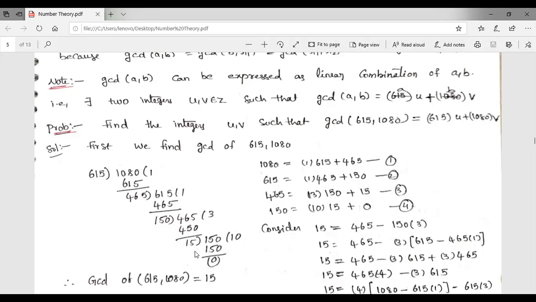So the greatest common divisor of 615 and 1080 is 15.